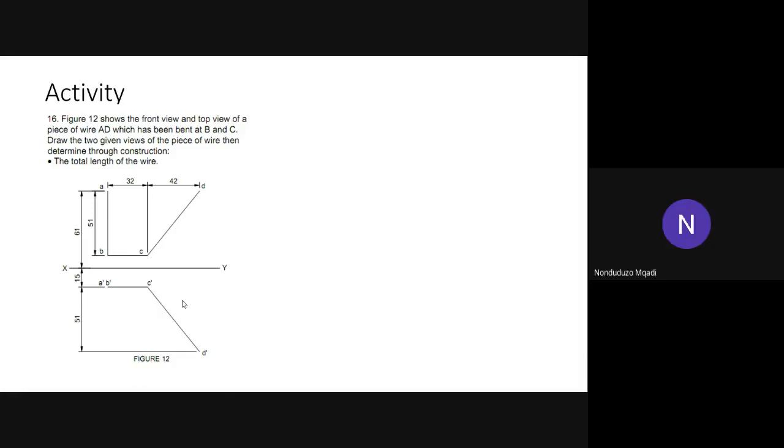Then we look at B prime and C prime, and in this case, it wasn't parallel to the XY. We were going to take B prime and C prime as the true length of BC. Because the rule says if the line is parallel to the origin on one view, then the line in the opposite view will always be the true length.